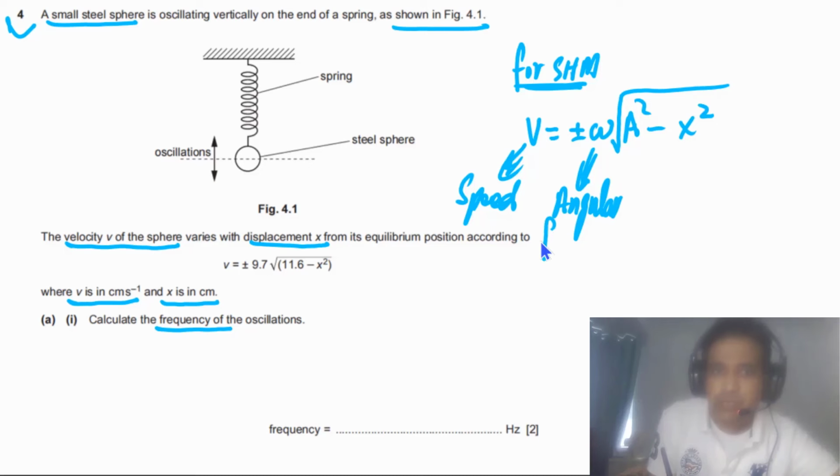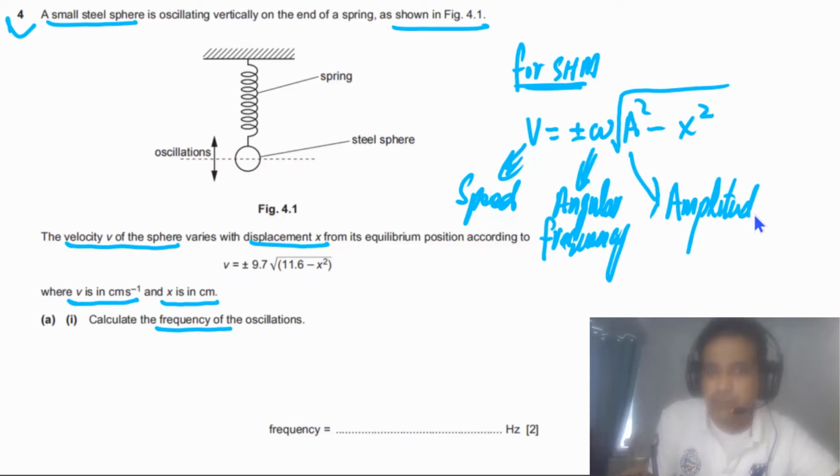A is the amplitude of oscillations, meaning the maximum displacement from equilibrium position, and x is displacement at any given time. So these things you need to understand about this equation.